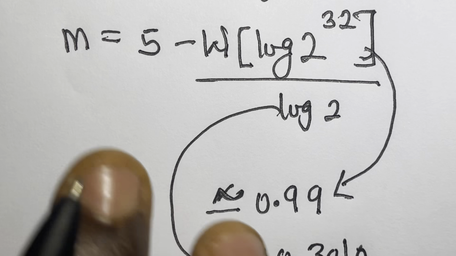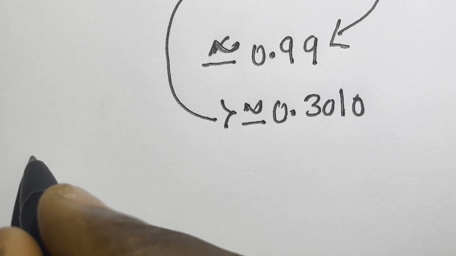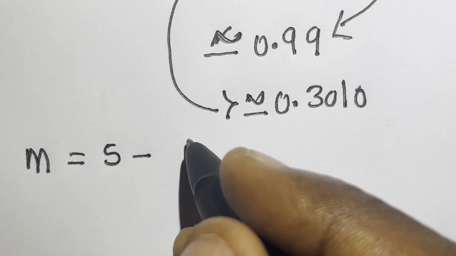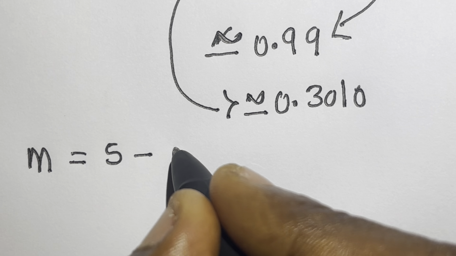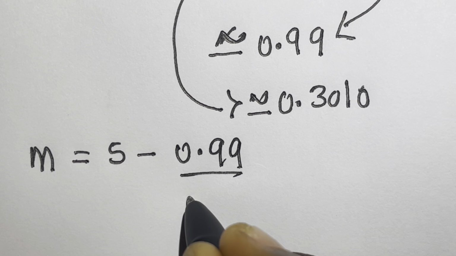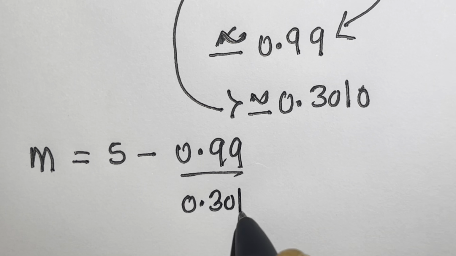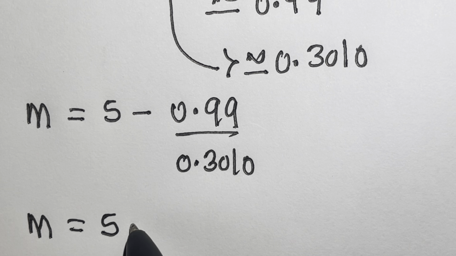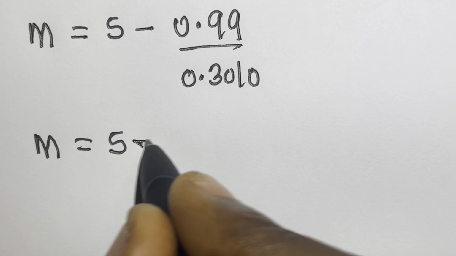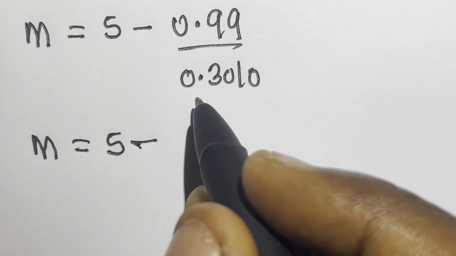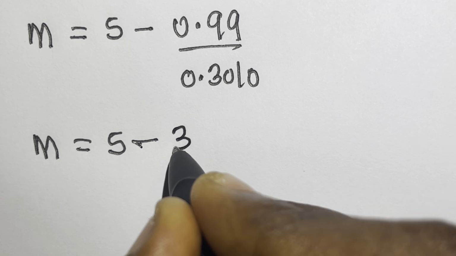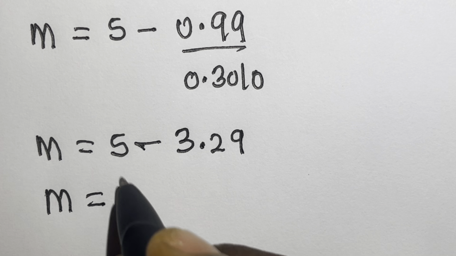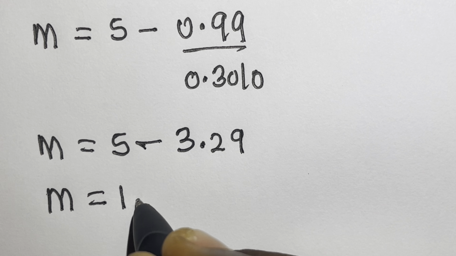So if we simplify the above value of m, we will have m equals 5 minus 0.99 divided by 0.3010, which is approximated to be 3.29. If we do the subtraction, 5 minus this, we are going to have 1.71.